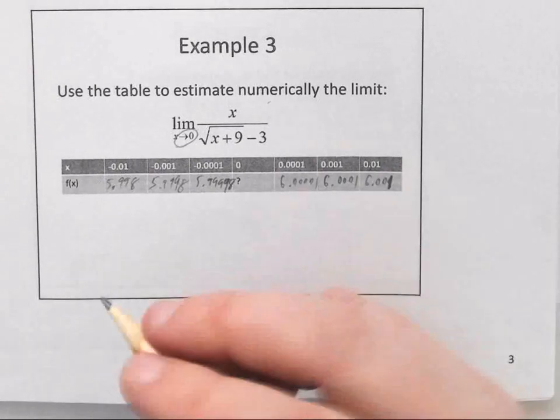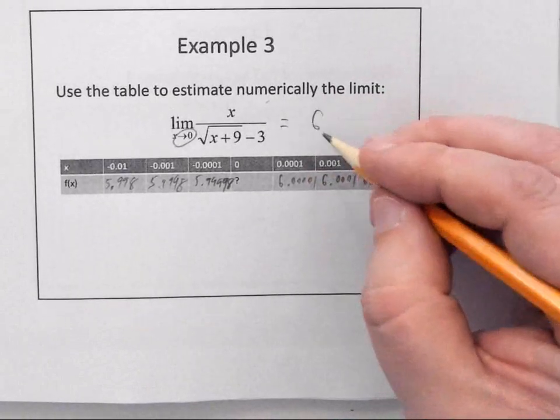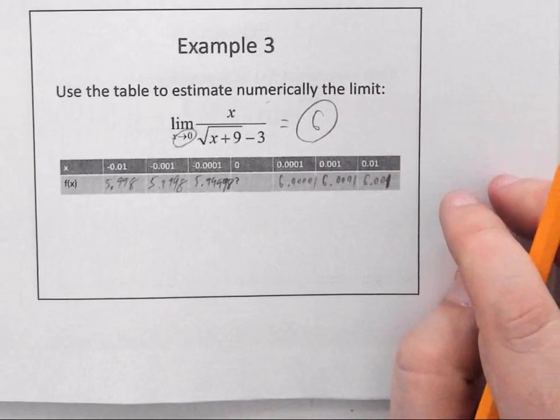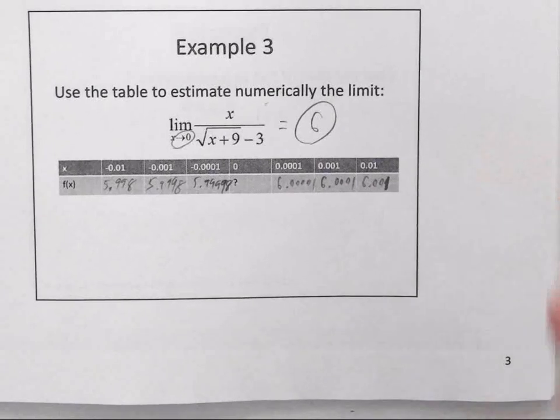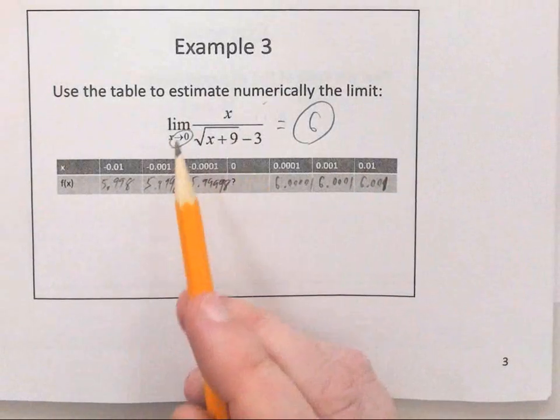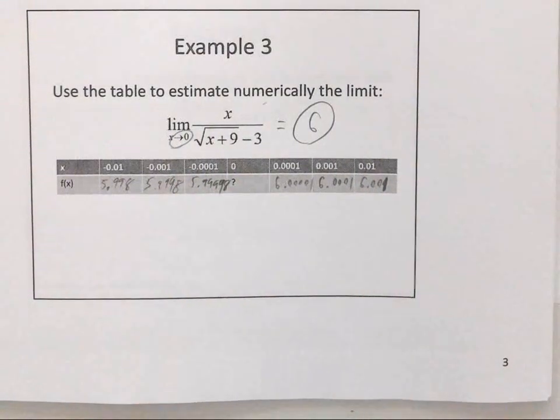So in other words, looking at that, what value is it approaching? 6. Does that make sense? It's saying, what is this value at the limit as x approaches 0? Not what it is at 0. At 0, it doesn't exist, right? So this is saying, what happens if you get really, really close to that? Does that difference make sense?